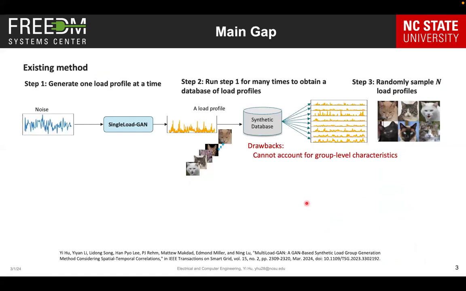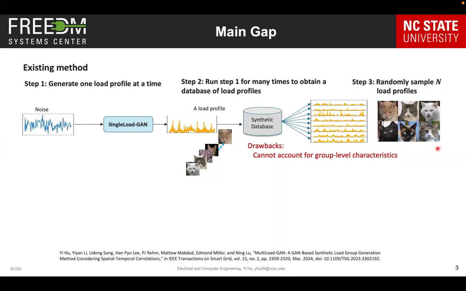This page shows you the main difference between our proposed method and the existing method. Suppose you are required to generate a cat image and a family of cat images. For the traditional methods, you can generate one image at a time and repeat it multiple times, you get a lot of cat images, and then you get a synthetic database.